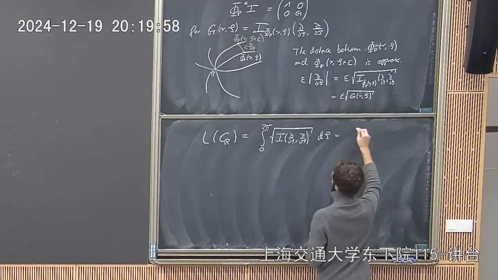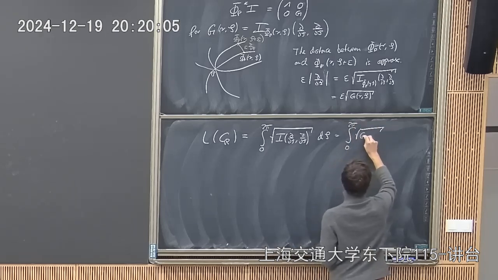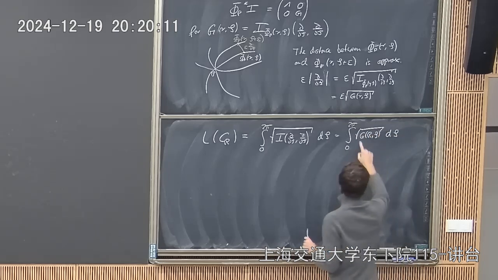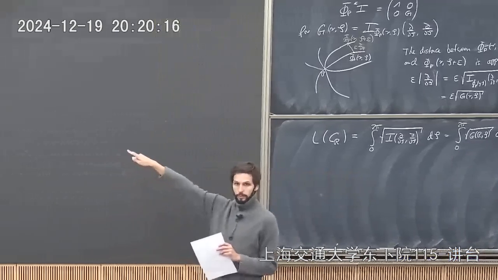So this means it's the same as the integral over phi of the square root of g. Now for the square root of g, we use the formula that we had up there.